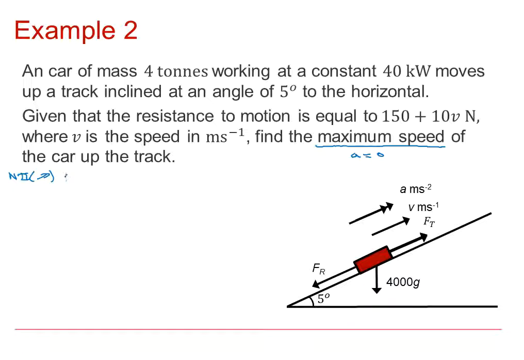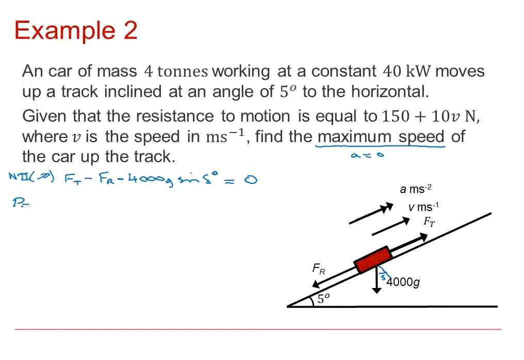So when I do Newton's second law up the track, we know there's no acceleration. So we've got a positive tractive force, Ft. We've got a negative resistance force, Fr. We've also got 4000 g sine 5 degrees, using the 5-degree angle in there, and that's negative, and we know that that total force must add up to 0 because at maximum speed there's no acceleration.